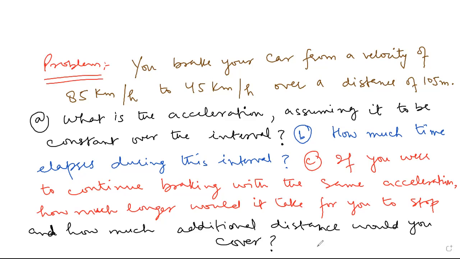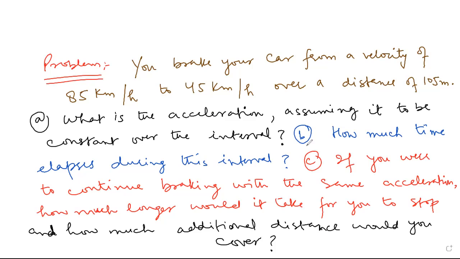If you were to continue braking with the same acceleration, how much longer would it take for you to stop, and how much additional distance would you cover? You can see this is motion in a straight line situation, and we are given that acceleration we can assume to be constant. So we can use equations of motion for constant acceleration.